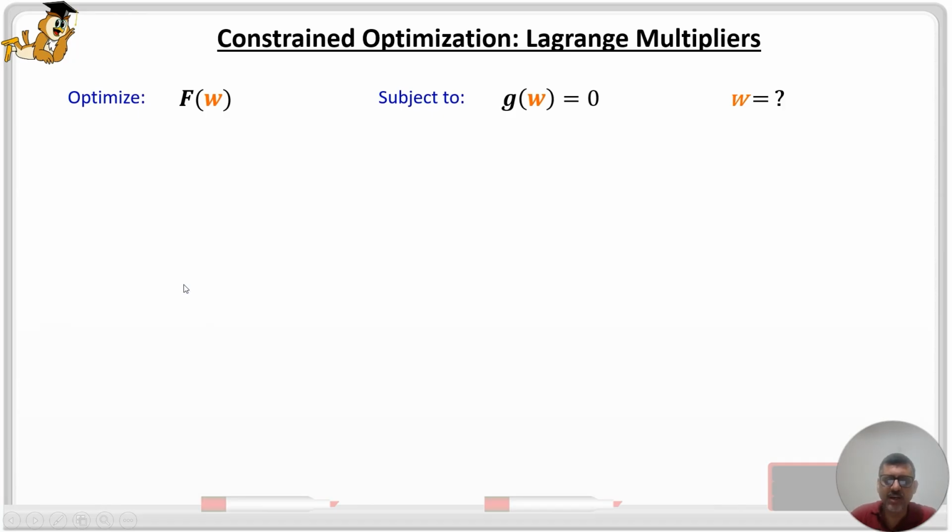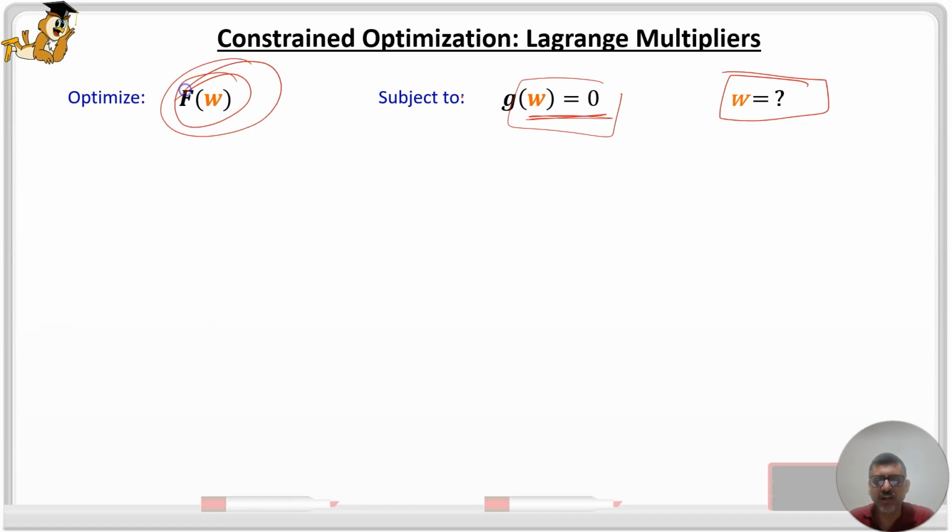We had to optimize some function of the model parameters subject to a constraint that said a function of the model parameters was equal to 0, and your job of course was to find the values of the best model parameters subject to this constraint. So you had to optimize a function subject to a constraint and find the values of the model parameters for this particular constrained optimization problem.